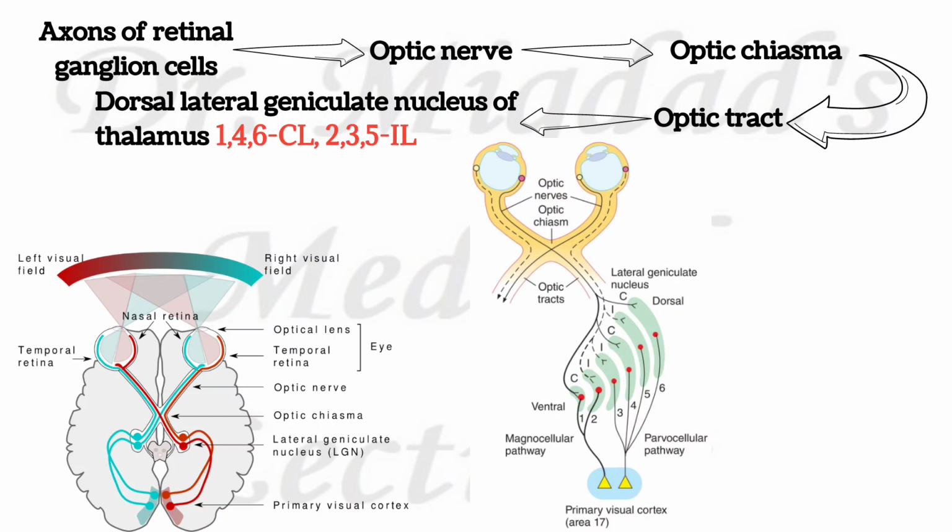The feedback pathway from the visual cortex has been shown to be involved in visual processing related to the perception of orientation and motion. Now, another important concept to understand is that there are several types of retinal ganglion cells. These include large ganglion cells, also called magno or M cells.